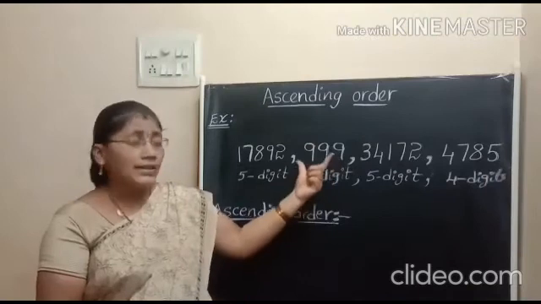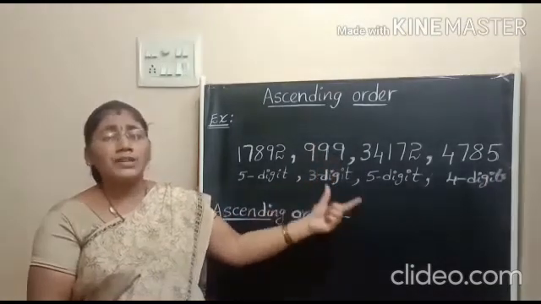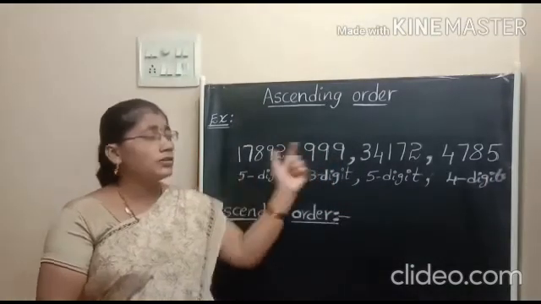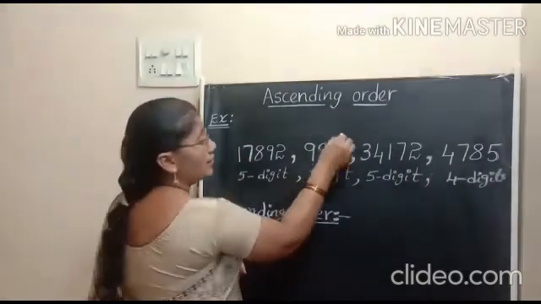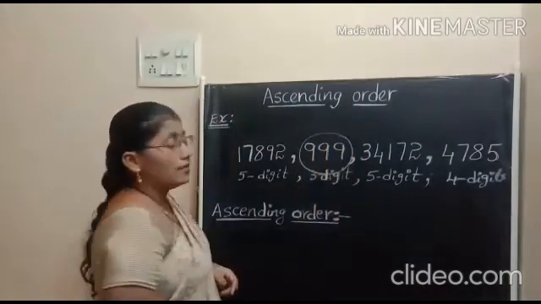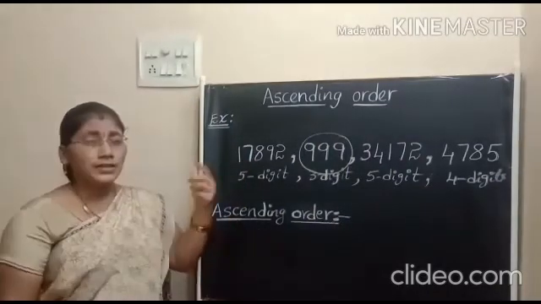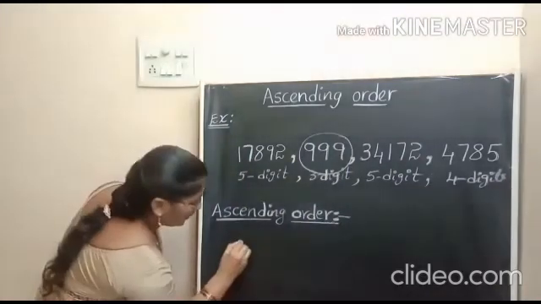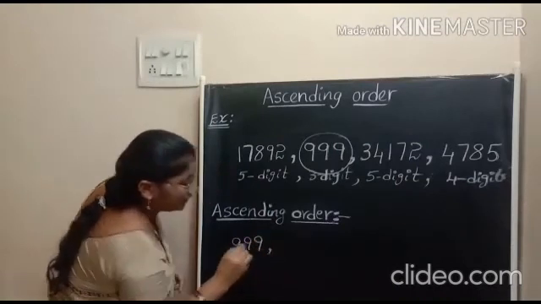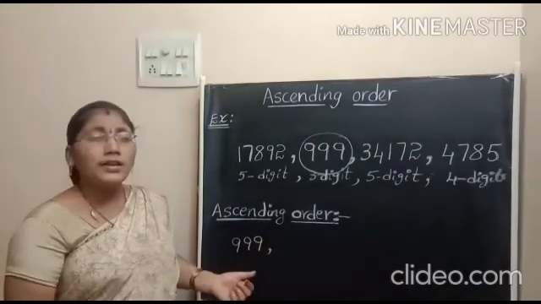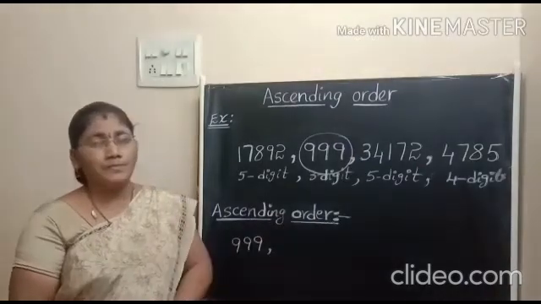The 3-digit number 999 is the smallest among these numbers, so we should arrange this number in the first position of ascending order. We write 999 as the first number.